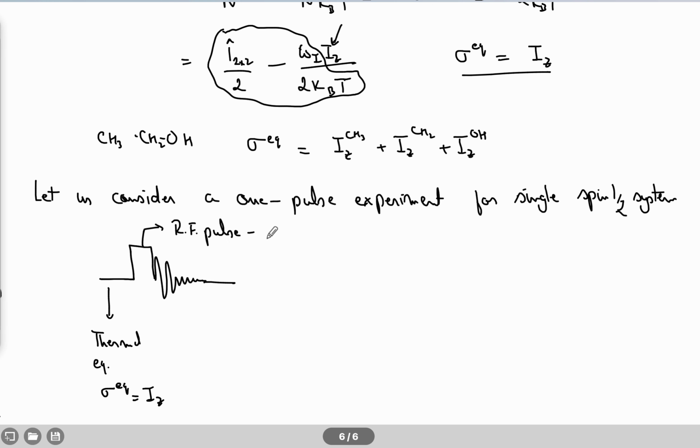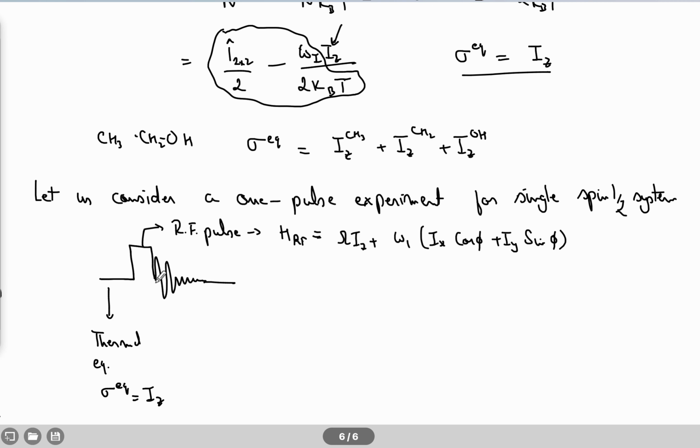and here the Hamiltonian H_RF is given by capital omega Iz plus omega 1 (Ix cos phi plus Iy sin phi). This also we have seen.